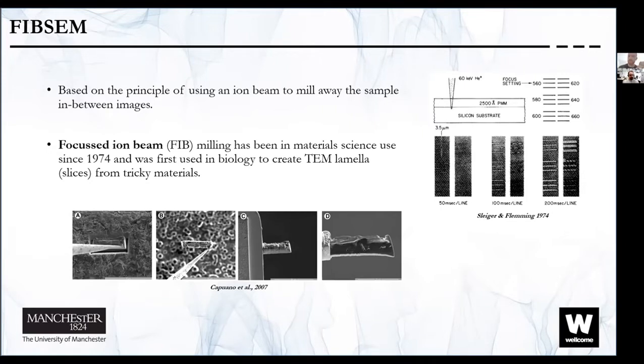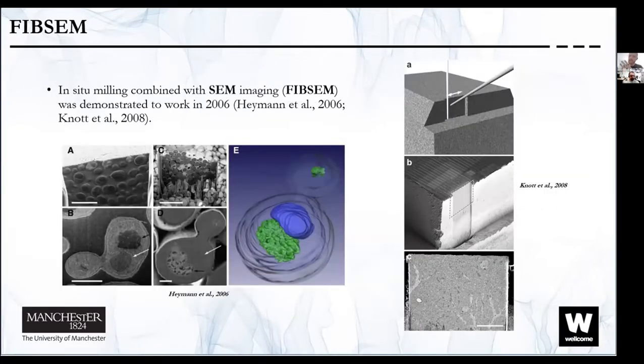So what people used to do, and they still do it to this day, is use a focused ion beam to mill out parts of tissue, and then they remove them with a special tool, and they essentially have a special little slice of tissue that they've taken by milling with a focused ion beam. But this technique that we're talking about is the idea of in situ milling with imaging in an SEM.